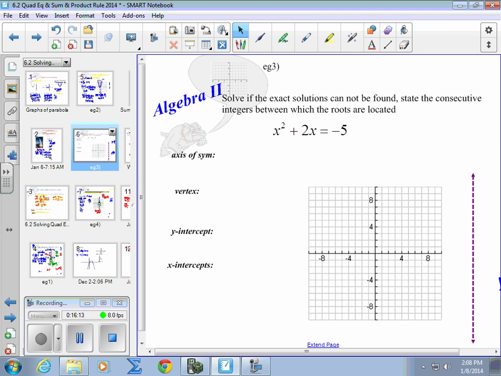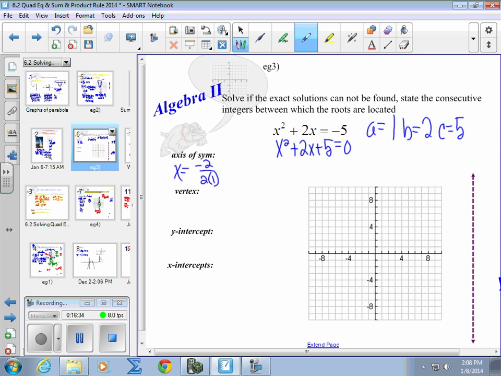The next equation, once again, I would rewrite this as x squared plus 2x plus 5 equals 0. a is equal to 1, b is equal to 2, c is equal to 5. Axis of symmetry, x is equal to negative 2 over 2 times 1, so x is equal to negative 1.